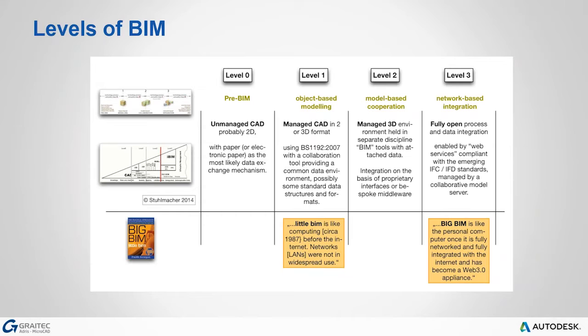And these are in the form of the levels. These levels have been defined from a range of 0 through to 3. And whilst there is some debate about the exact meaning of each, there is a broad concept, and it's as follows.